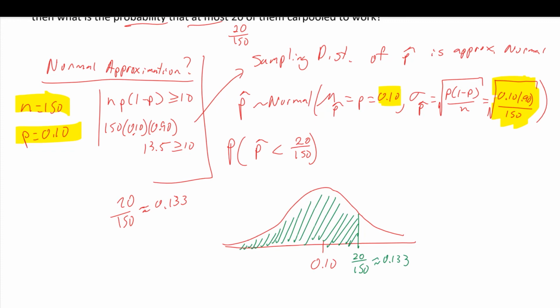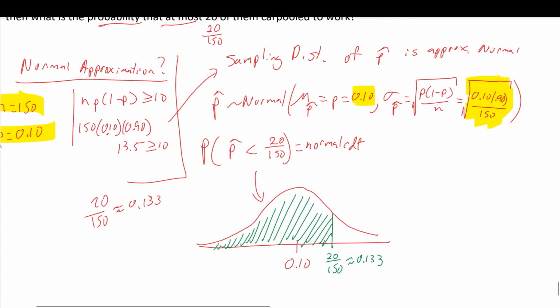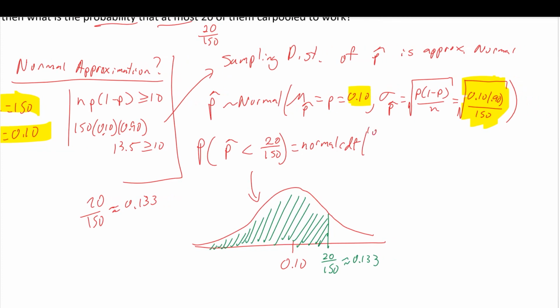To find the area underneath a normal distribution, we're going to use normal CDF in our calculator. We have a lower bound, upper bound, mean, and standard deviation. The lower bound is negative infinity. I know technically proportions can't be less than 0, but we're going to put negative E99 there just to be consistent.